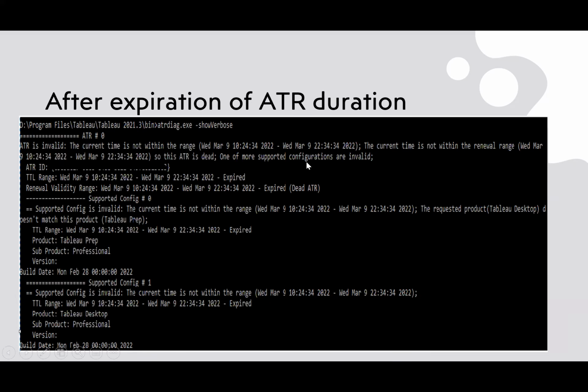One or more supported configurations are not valid. That means I need to reactivate the license. If some user says that their activation is not working, we need to check these options so that we can find the issue and solve it.